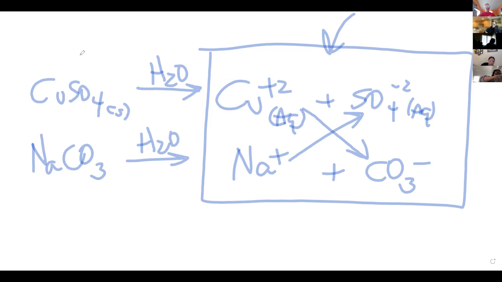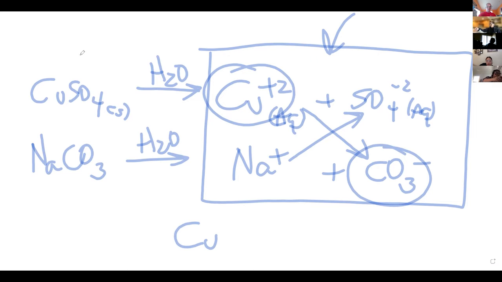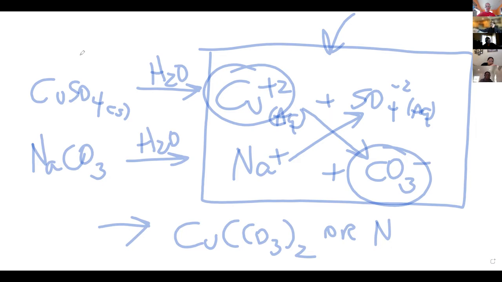On the other hand, I've got copper 2+ and carbonate ion, and when they get together, they make this. Now, which is more likely to be insoluble: copper carbonate or sodium sulfate?